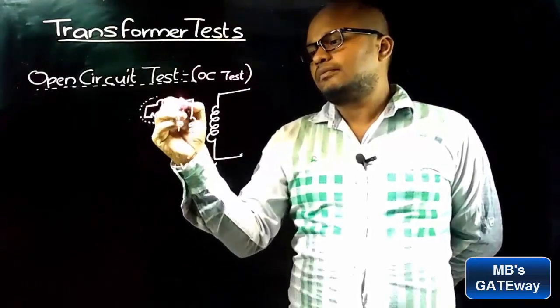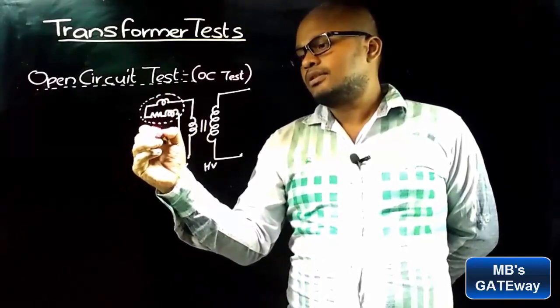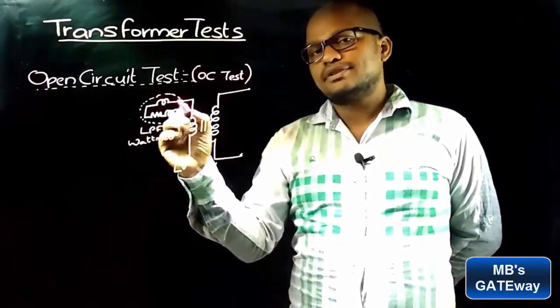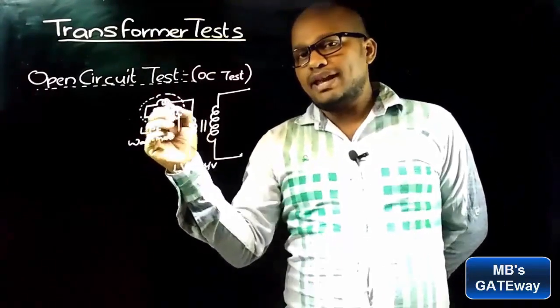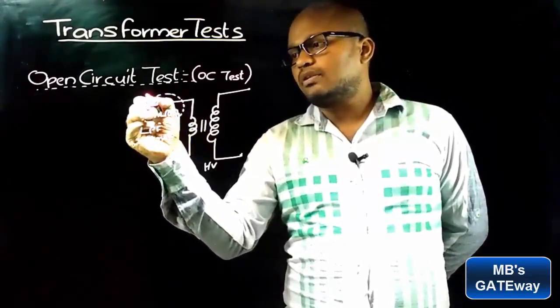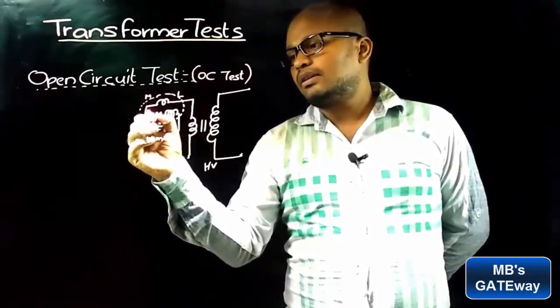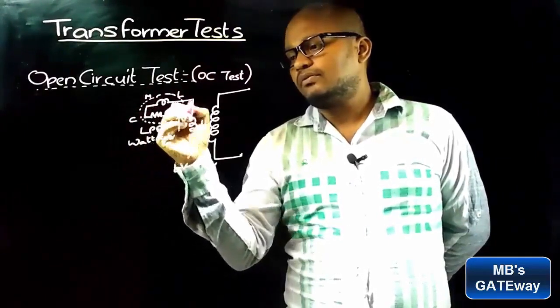This is the LPF type wattmeter, and this represents the current coil and this represents the pressure coil, and the terminals of the LPF wattmeter are represented with M, L, and this is C, and this terminal V.